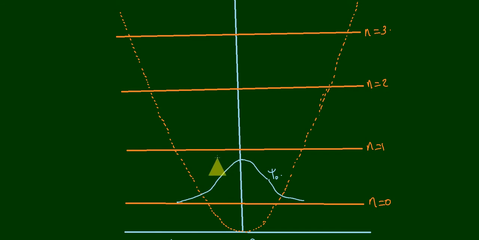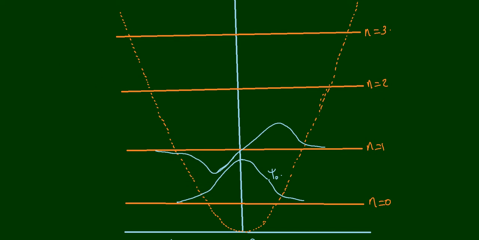Now I am going for the psi 1. Psi 1 is an antisymmetric function, right? So the psi 1 will appear like this. It will be like this. Okay, I could have drawn better, but my skill is not that good to draw it better.